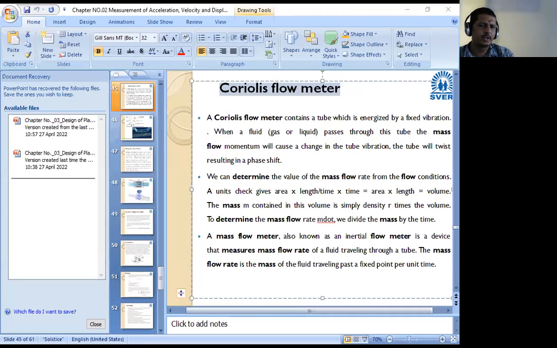Next, a mass flow meter, also known as an inertial flow meter, is a device that measures the mass flow rate of a fluid traveling through a tube.